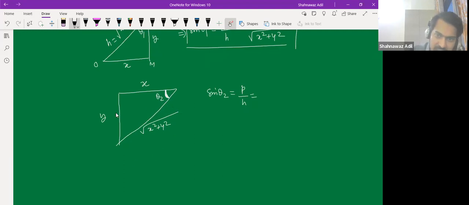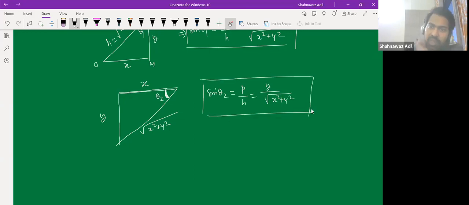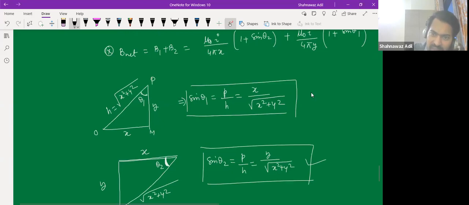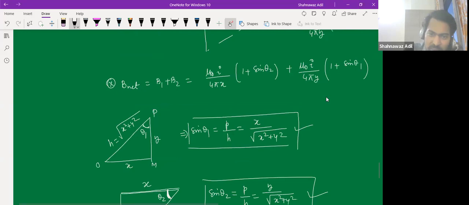Y, right? So y is the perpendicular, because whatever angle it is making, this is the base. So y is the perpendicular, so y by hypotenuse. Is that correct, Chavez? Is that clear, Chavez and Tariq? Yes, sir. So we have sine theta 2, we have sine theta 1. So we can put all these values in here.